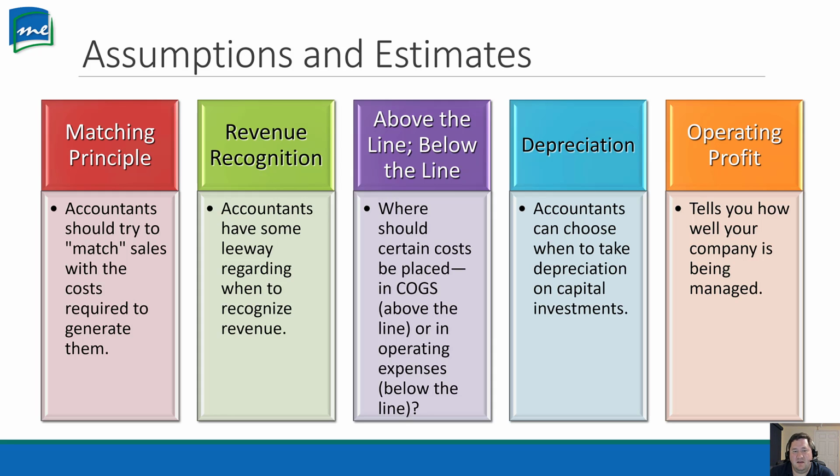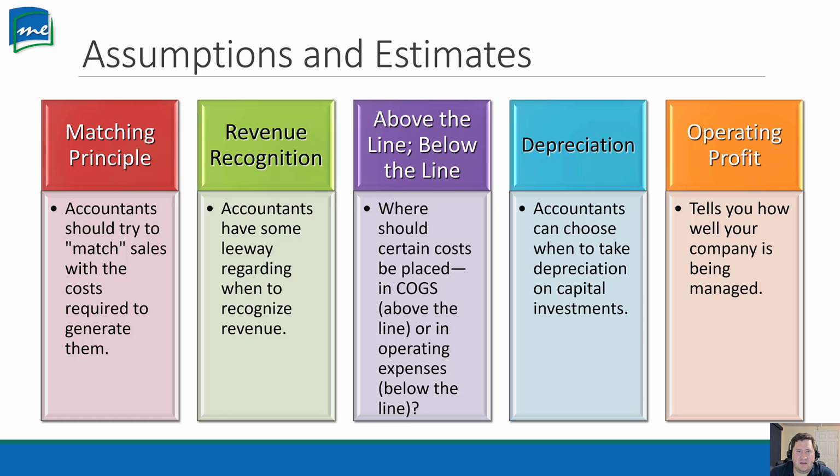You're not going to say the production of the camera that's recording this, you're not going to try to match that sale with the cost of paying the water bill. You're not going to do that because they don't coincide with each other. But the cost of this camera that's recording it, you might associate the cable, the actual plastic that's put in it, if there's any metal in it, all the electronics, you can associate those costs with the sale of this camera.